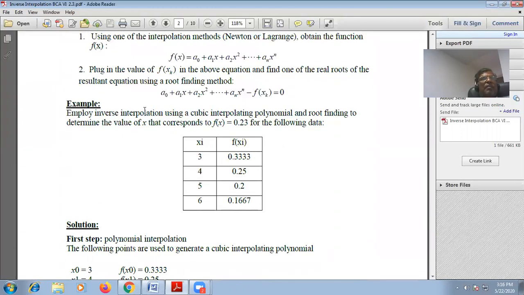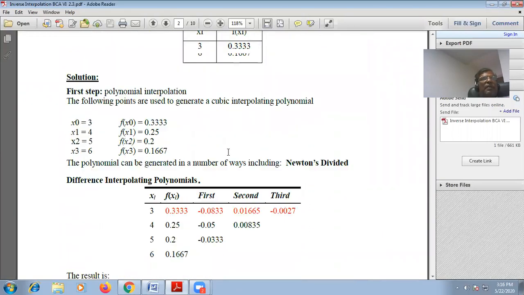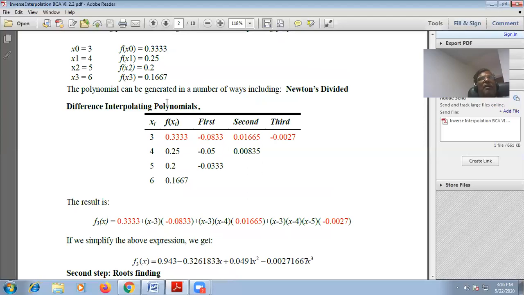And for inverse interpolation, we have also another example that can be done in a like manner.